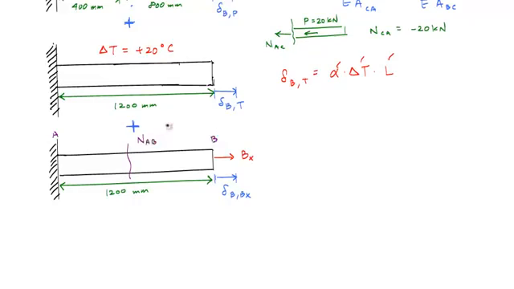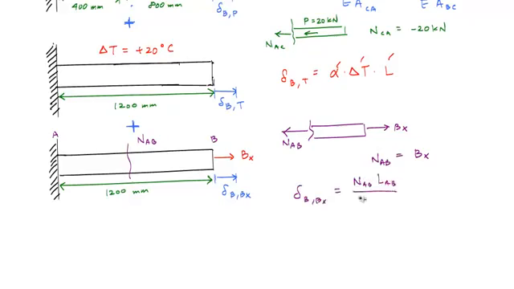I'm going to find N_AB by equilibrium: here is my externally applied force Bx, and N_AB is equal to Bx by equilibrium. And the deformation of B due to Bx is just N_AB L_AB over EA_AB, which really, with N_AB being Bx, is just Bx L_AB over EA_AB.